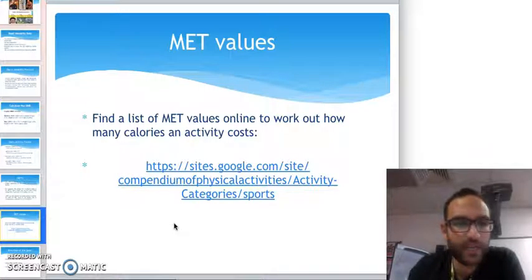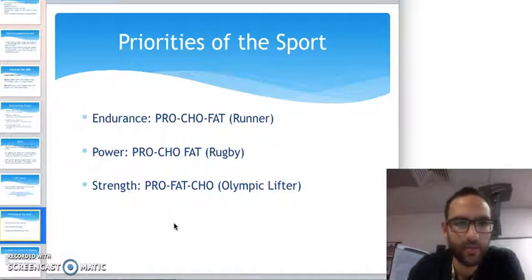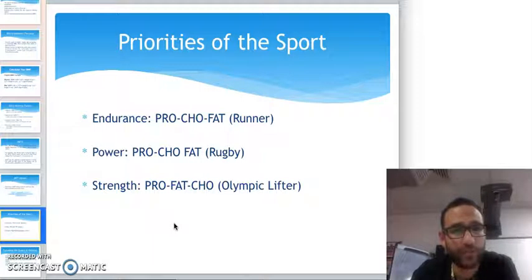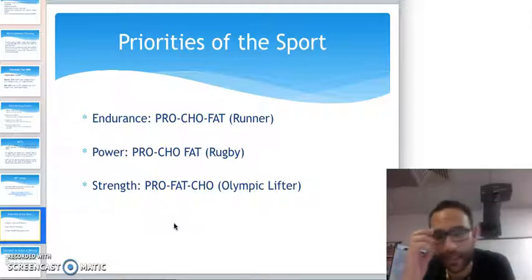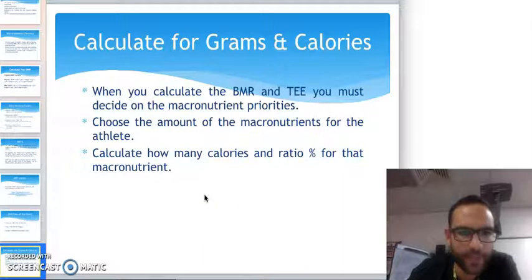Now, you'll need to consider where they get their macronutrients from. If they're a sedentary person, it's most likely that they're not really going to need a very high amount of carbohydrate. So you might put the carbohydrate last, so it'll be protein, fat, and then carbohydrate.